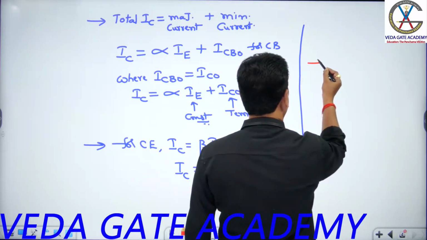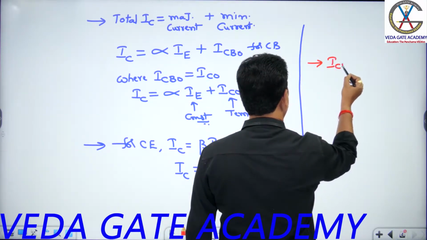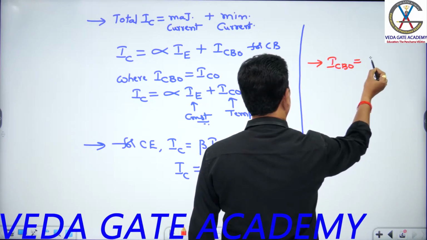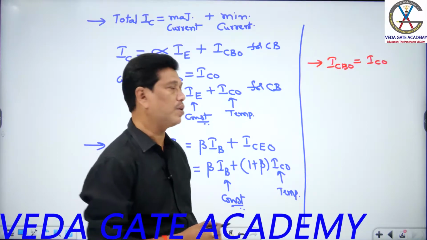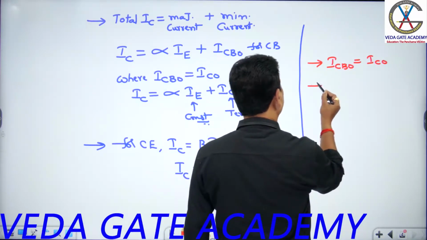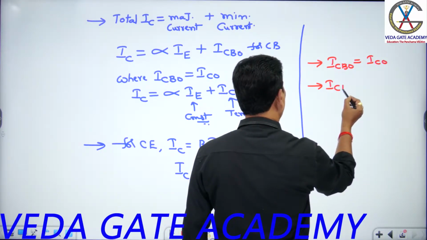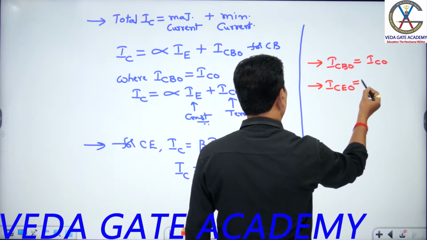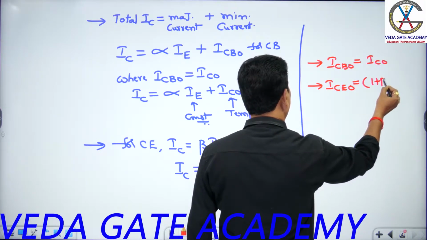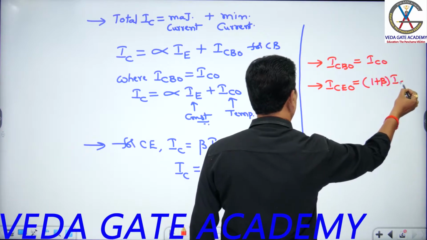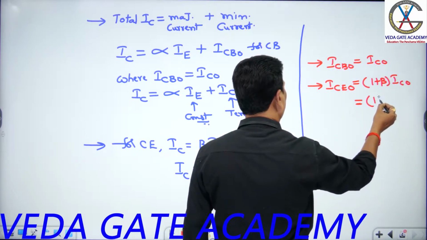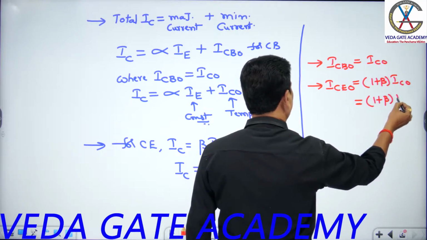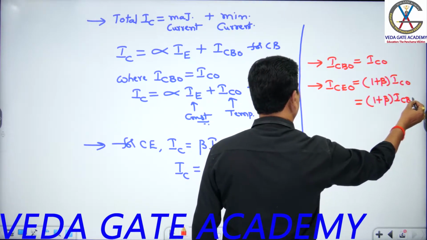So you know that ICBO is the same as what? ICO you can call. ICBO is the same as what, sir? ICO, students. Right? Other than this, there is one more minority current, ICEO for common emitter, that is equal to 1 plus beta times ICO, students. Again, ICO I rewrite as ICBO, that is 1 plus beta times ICBO, students.